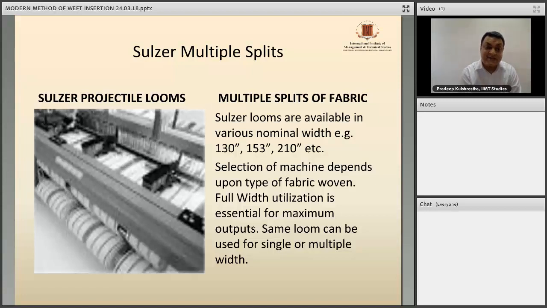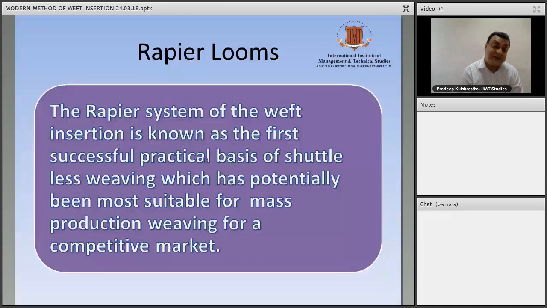But if we put two widths of 73 together with the same weaving cycle, we'll get double the production. We can also take a symmetrical width. For 150 centimeter, we can take one fabric of 50 inches and one fabric of 99 inches. Symmetrical and asymmetrical fabrics to utilize the width of the machine are possible here.